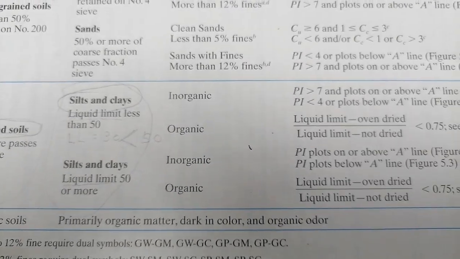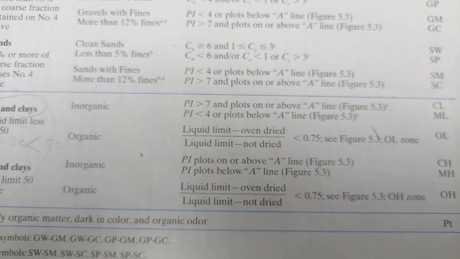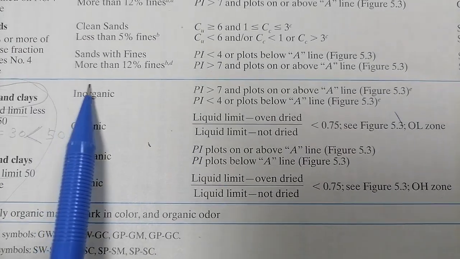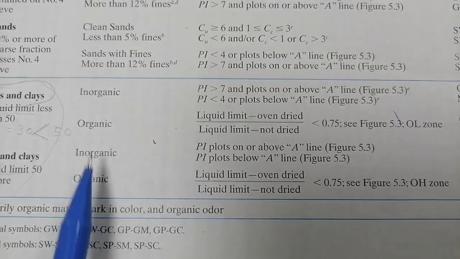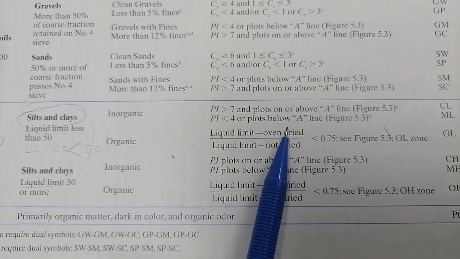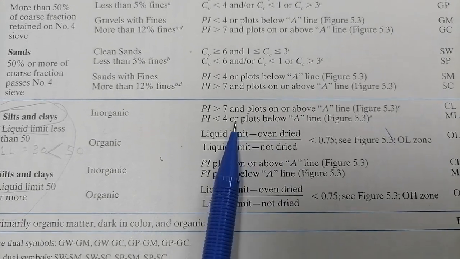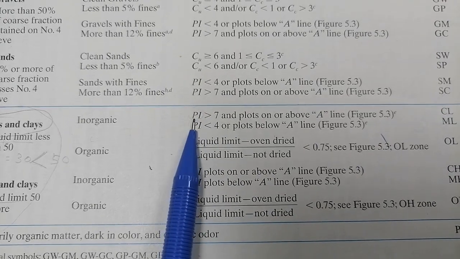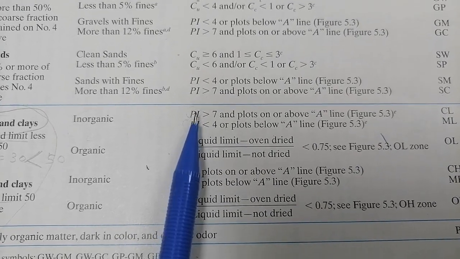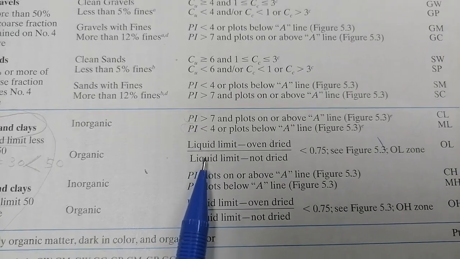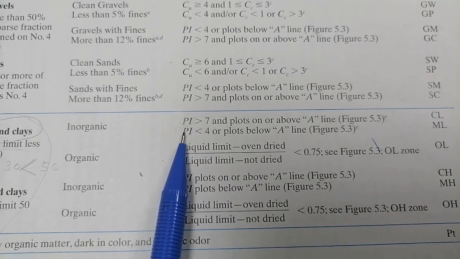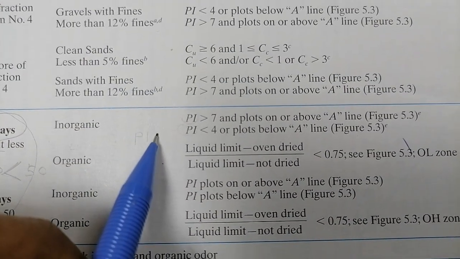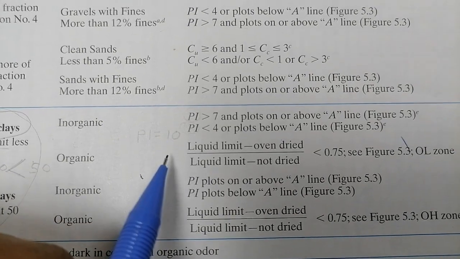Okay, let's move on. Okay, for this one, instead of looking here, we jump straight away here. We jump straight away to the fourth column. So now we want to look at the PI. Dia nak tengok value PI pula, which is the plasticity index. So based on the given data, our PI is 10, right?